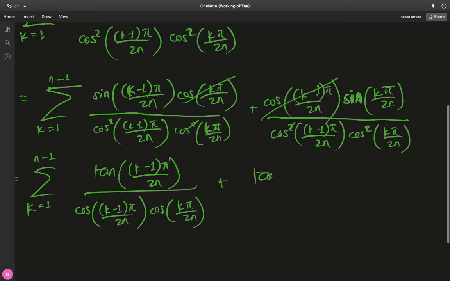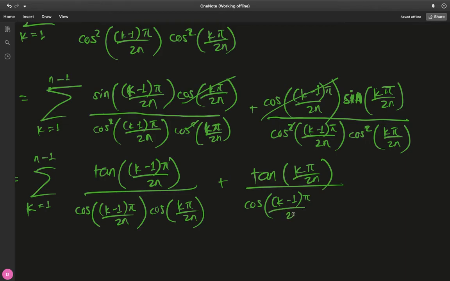So we have a tangent of a different angle, namely k pi over 2n, divided by a single of all these things, cosine of k minus 1 pi over 2n times cosine of k pi over 2n.